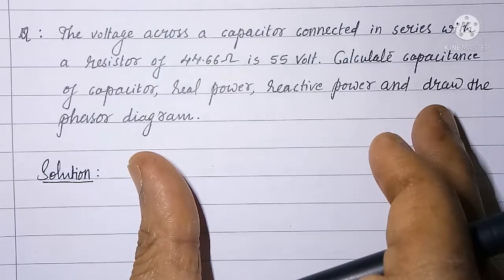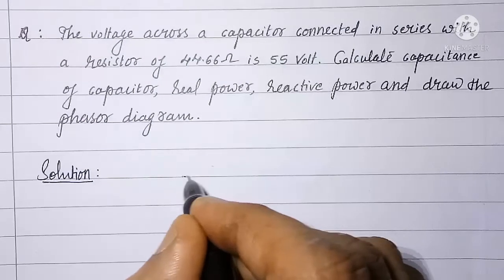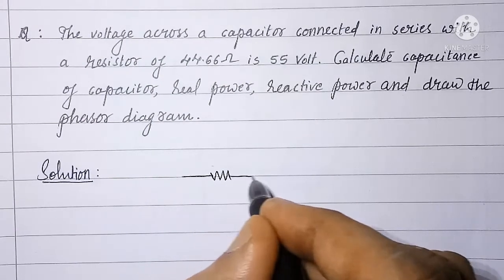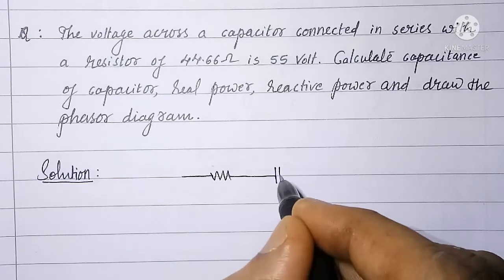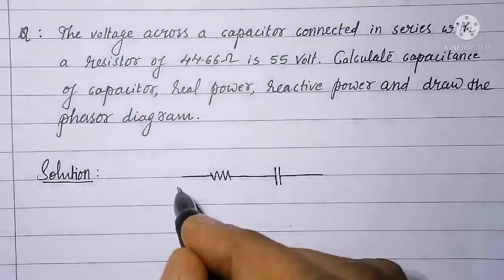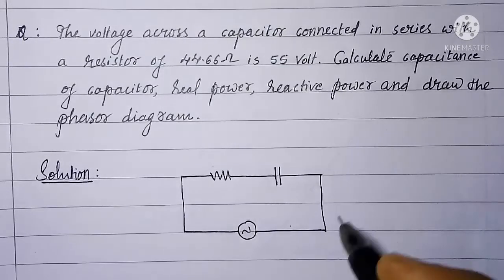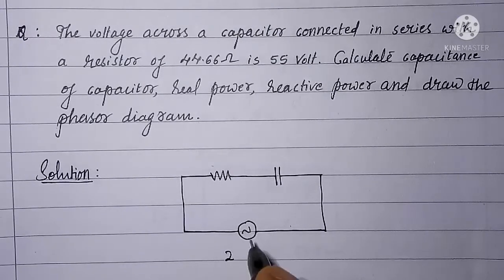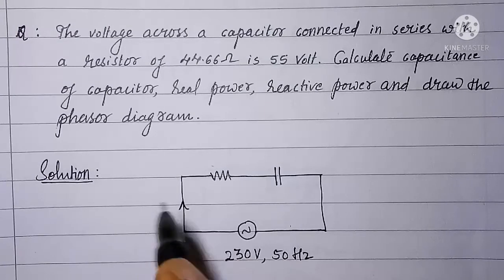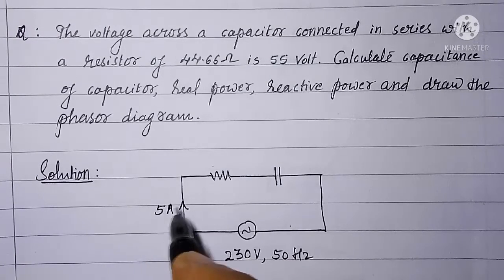Using the given information, first we will draw RC series circuit. Supply voltage is 230 volt. Frequency is 50 Hz and supply current is 5 ampere.